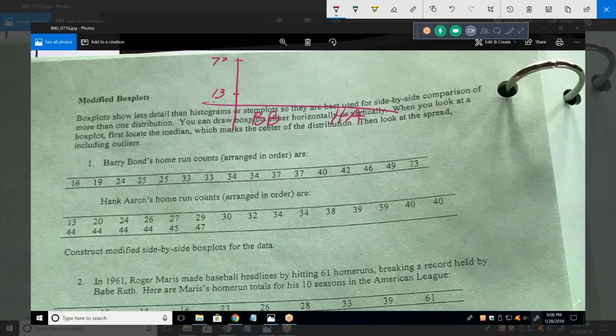So the top is home runs. Across is the two people, and you're going to have two vertical box plots.